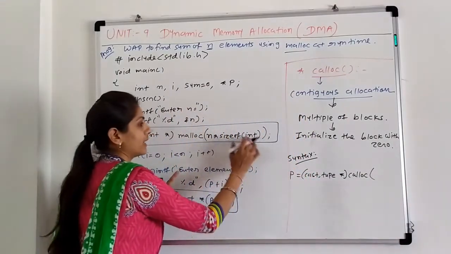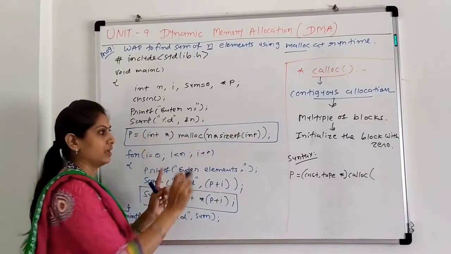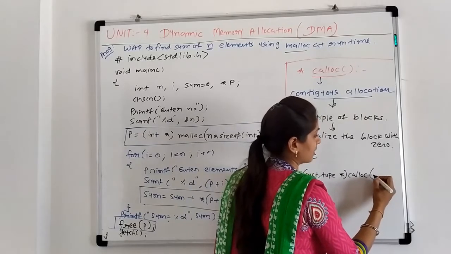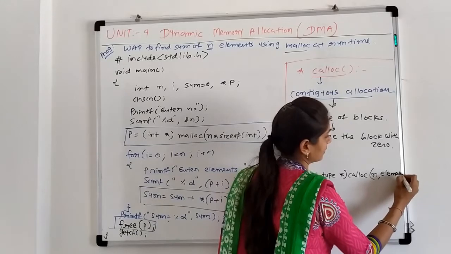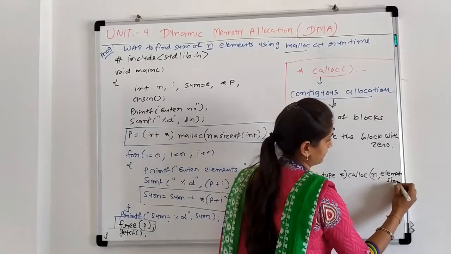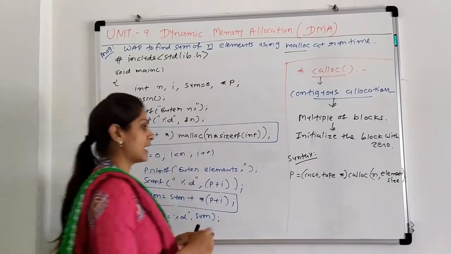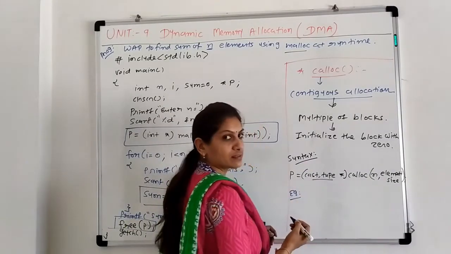Here, only one parameter is used in malloc, because it allocates a single block of memory. Here two parameters, and the parameters are first n and second element size.